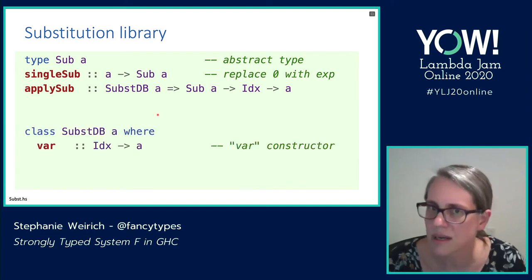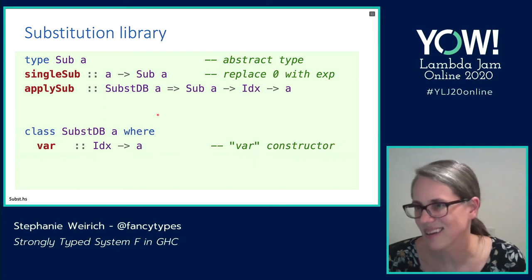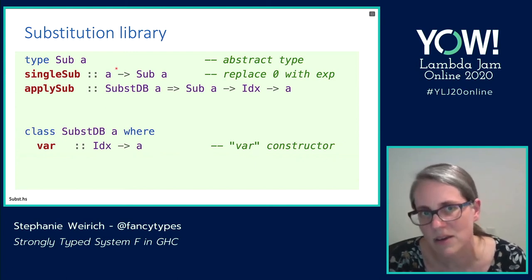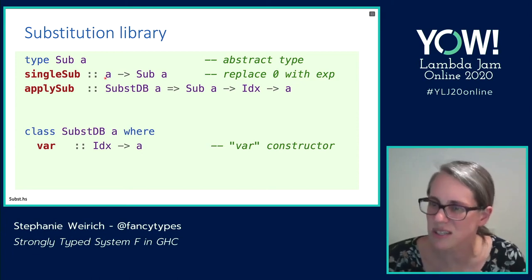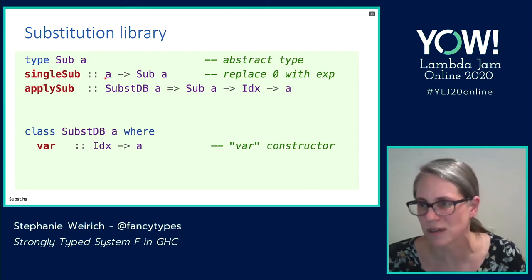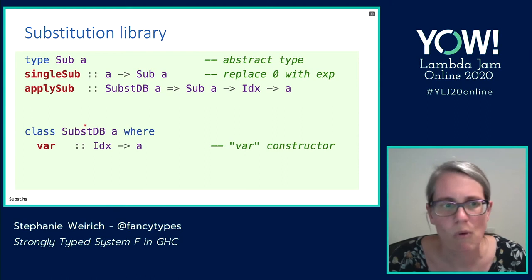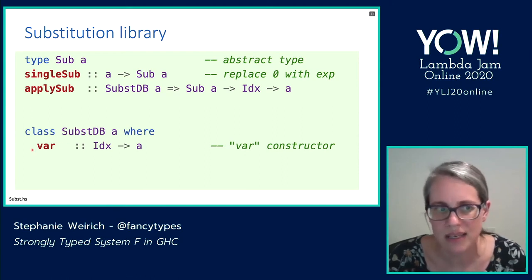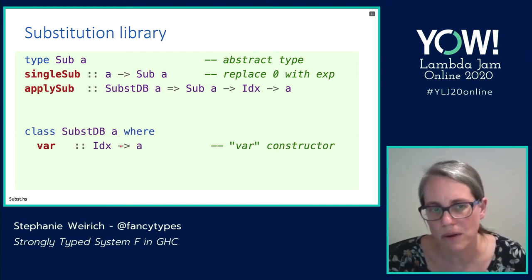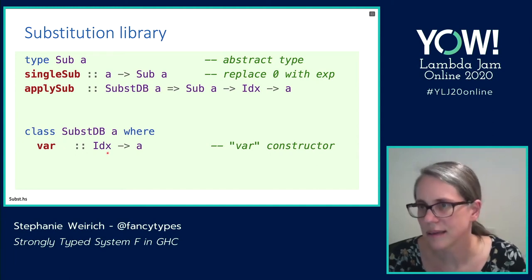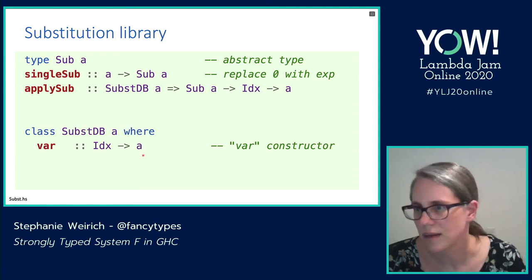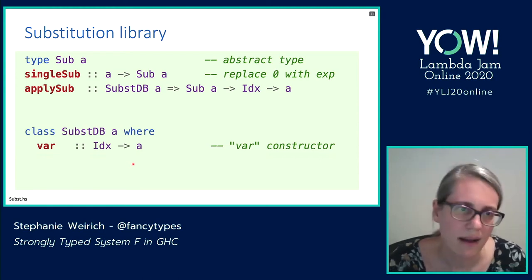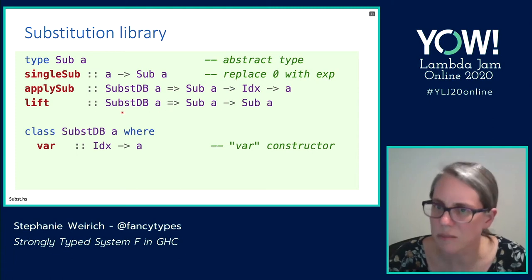Well, sometimes when I look up an index, I need to return the thing from the right-hand side, but sometimes I need to shift that index down. So I just need to change the index, but make a new variable. So I need to know what the variable constructor is for my language. So one component of that type class is how to create a variable of a particular index. And if I have that, that's going to help me define this apply sub in a general way. Now, lift also has the same constraint.